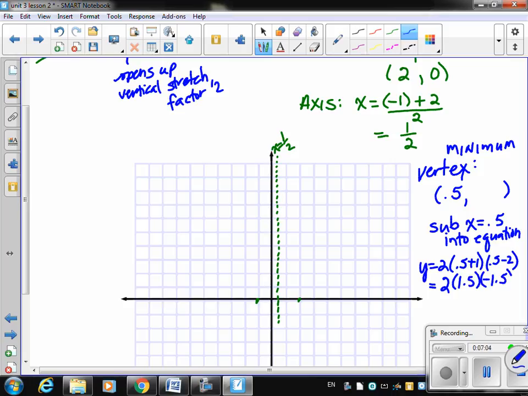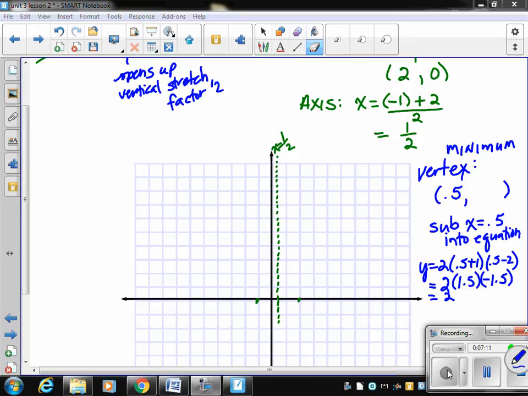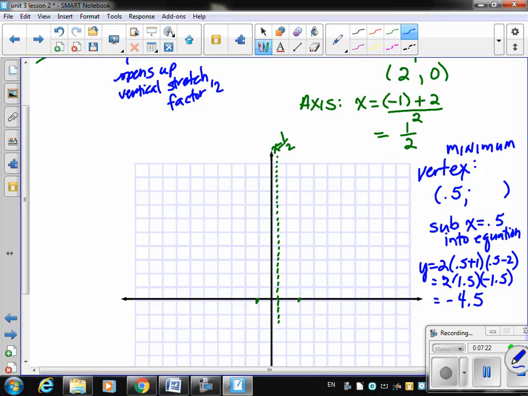Interesting. Sorry, boo-boo. 2 times 1.5 times 1.5 is 4.5, and I have a negative sign in there, so negative 4.5 is a point on the parabola, and I know it's going to be my minimum point because it's where it hits the axis of symmetry.